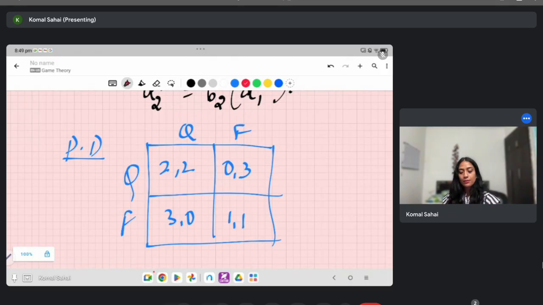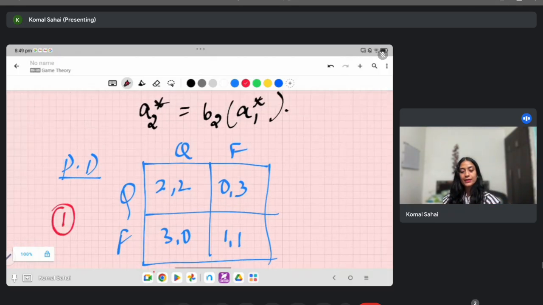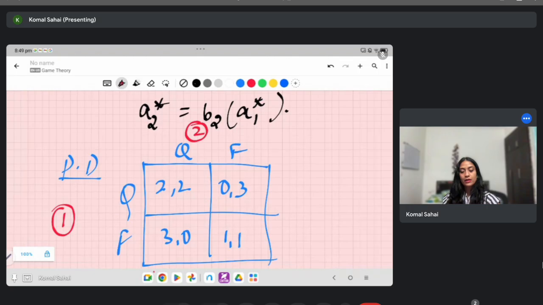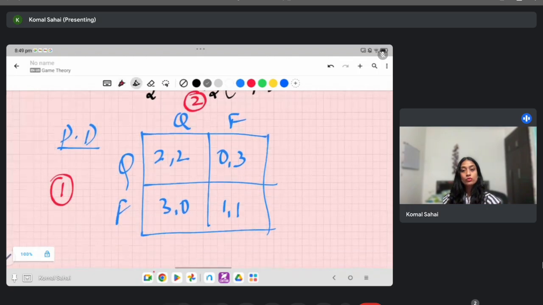तो नाउ यू आर प्लेयर 1, right, and you are thinking that if player 2 is going to play quiet, that means that you have to look at this column.